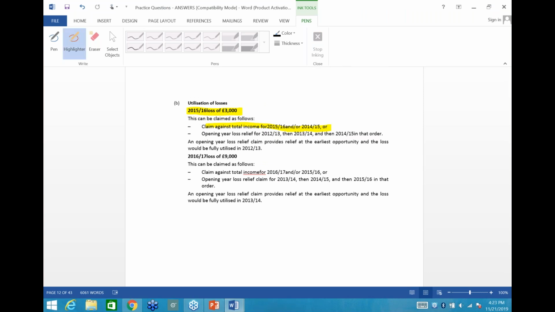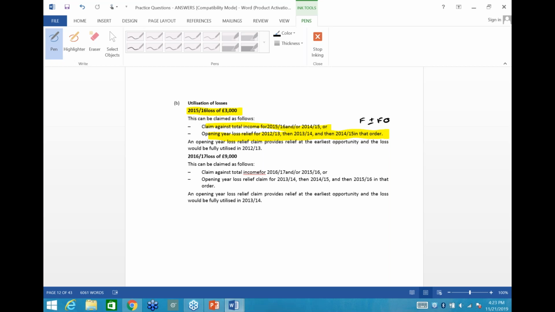Opening year loss relief: you carry back 3 years, first in, first out basis, 12-13, 13-14, and 14-15 in that order. So I mentioned this previously above. So you have to use the first in, first out basis. So this gives you the opportunity to relieve your losses at the earliest opportunity, as early as possible.